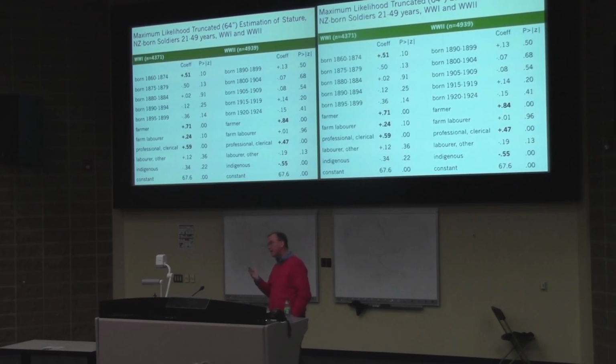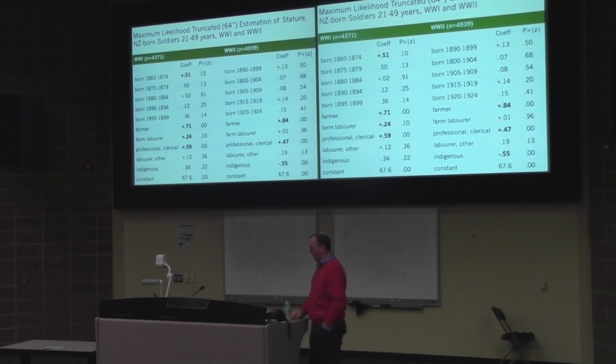So again, it's a pretty healthy society. It's a society that's not seeing this run-up of heights, as we saw in Canada, because they're already pretty healthy. So we're not getting the big increase quite as early as we got in Canada. But by putting in a separate coefficient for being Maori, we can look to see what difference that makes, controlling for when you're born and your occupation.